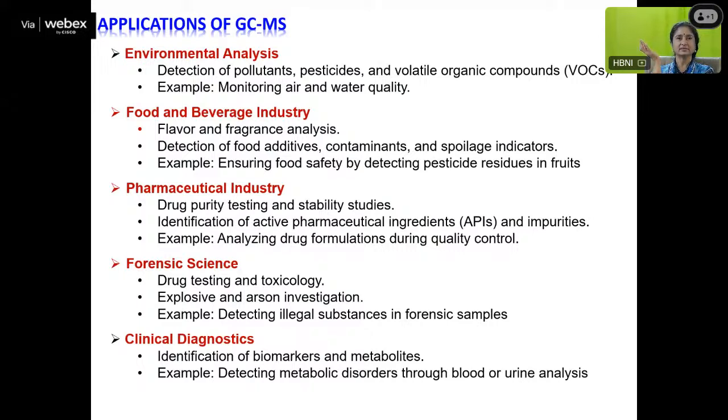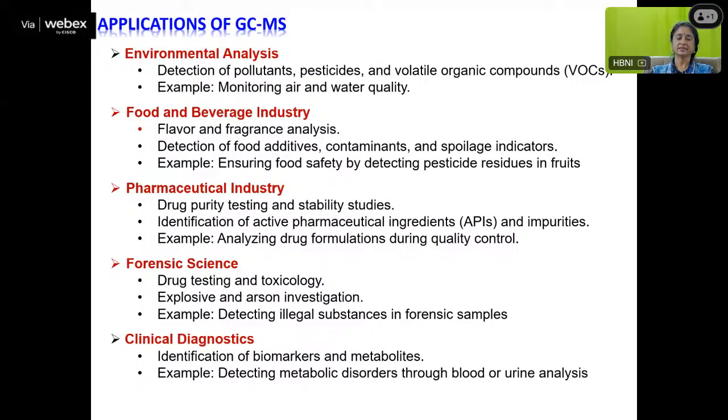Now, the food and beverage industry: flavor and fragrance analysis, detection of food additives, contaminants, and spoilage indicators, like ensuring food safety by detecting pesticide residue in fruits. In the pharmaceutical industry, it is also very widely used, like drug purity testing and stability studies. The identification of active pharmaceutical ingredients and impurities, and analyzing drug formulations during quality control.